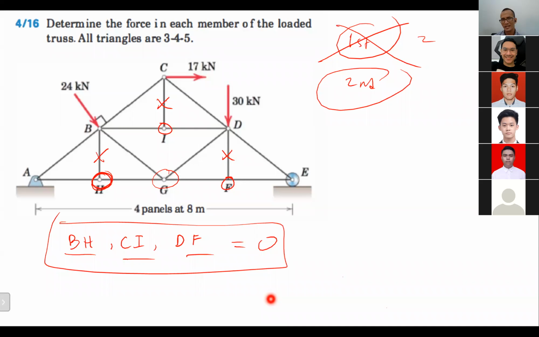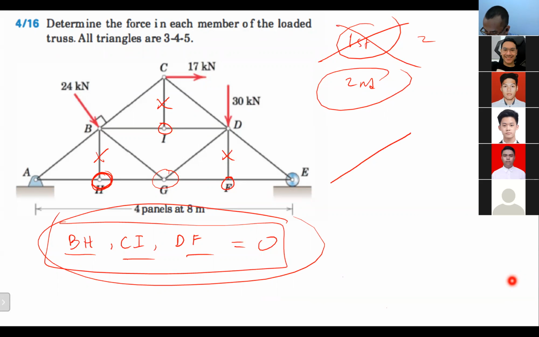So Rizky, just now you told me at the beginning of the class that this particular homework is doable, but the calculation is wrong, right? It will be way shorter if you know from the beginning. Also, we have to go around by eliminating the zero force members first. Yes, correct.